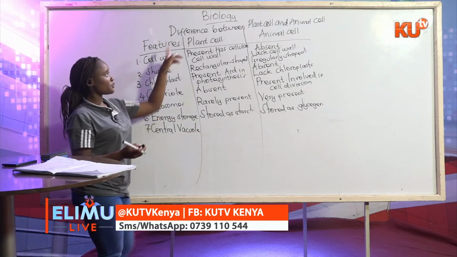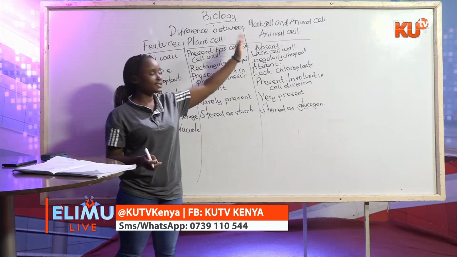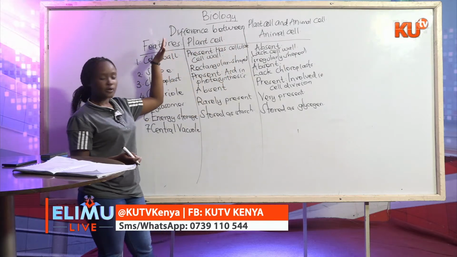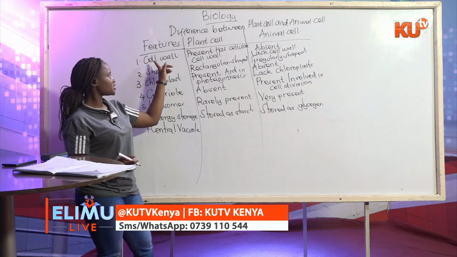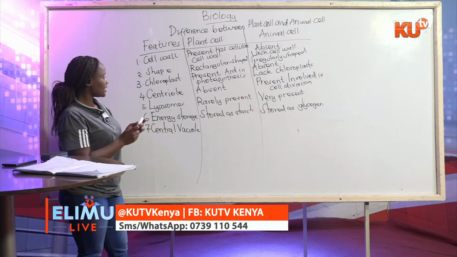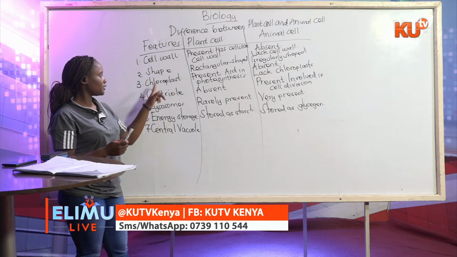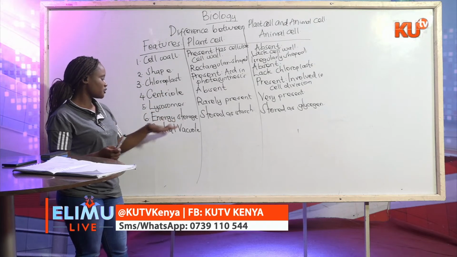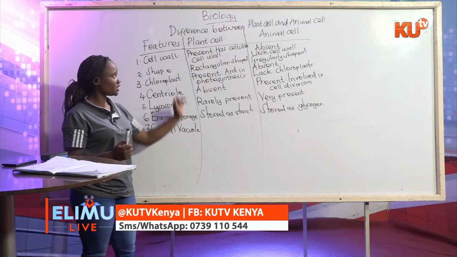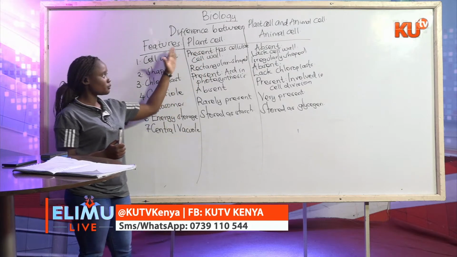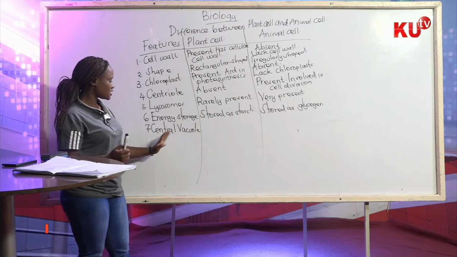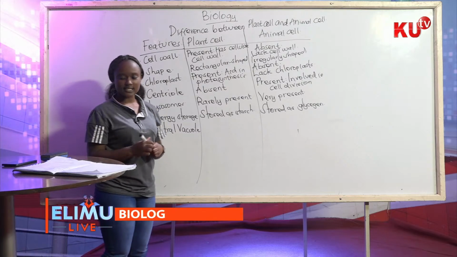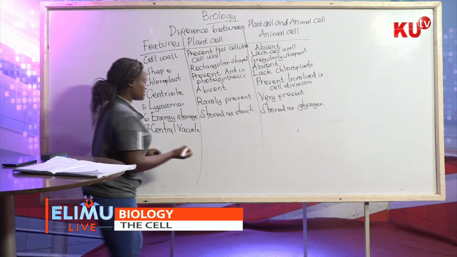Now, these are the differences between plant cells and animal cells using the features: the cell wall, the shape, chloroplast, centriole, lysosome, energy storage, and central vacuole. Now we differentiate using these features. The central vacuole in plant cell is large.